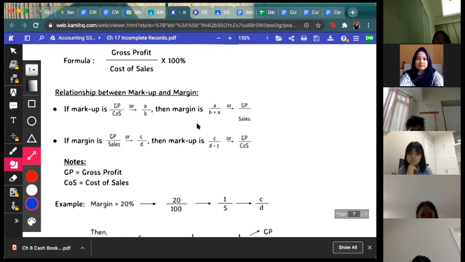Now, what if it is margin? If you are given information on margin, but you need markup in the question, then you can convert it.